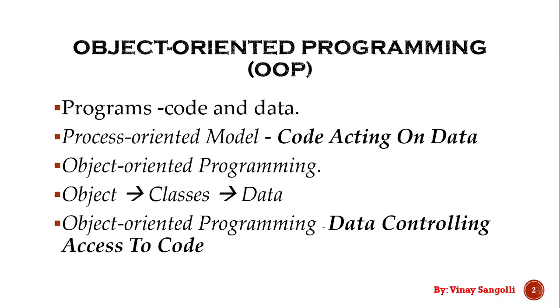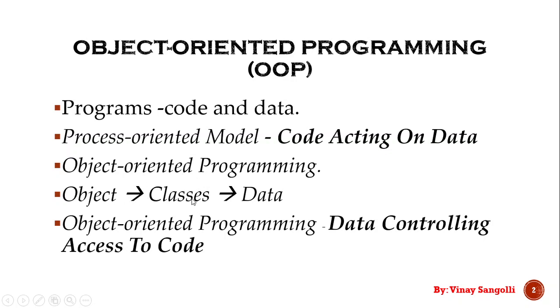So objects are each and every fruit. What is a class? The total fruits is my class. Apple, mango, guava are my objects, and all of these together are called fruits, which is the class.